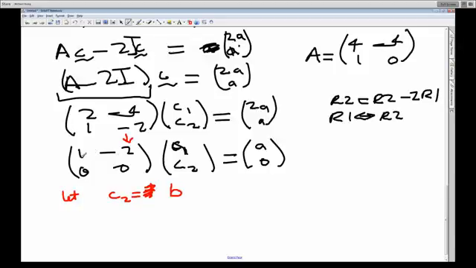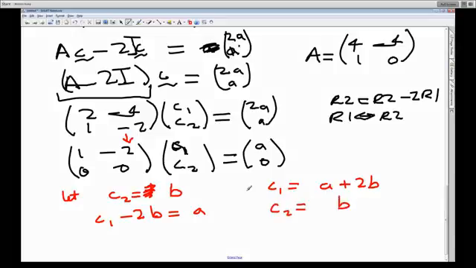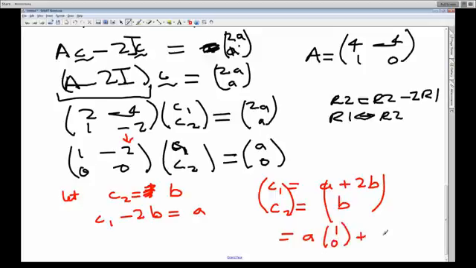Then this top row says C1 minus 2 lots of C2, which I'm calling B, is equal to A. So C1 is equal to A plus 2B, rearranging the equation, and C2 is equal to B. Or putting it in vector form, this is A times 1, 0, plus B times 2, 1. If you want to. There's nothing wrong with the original form, by the way.